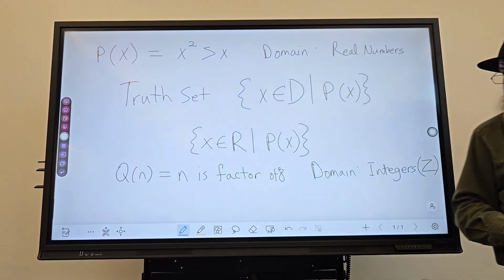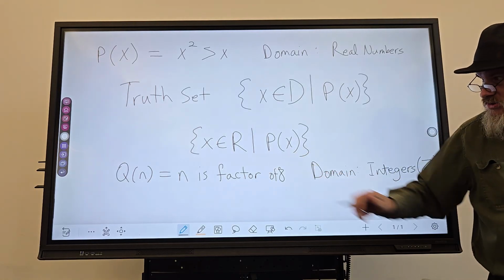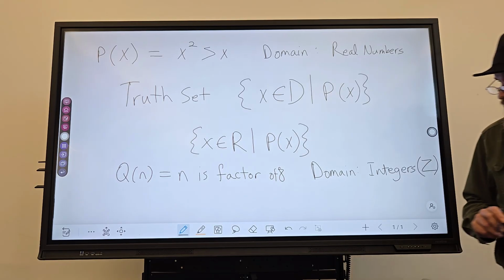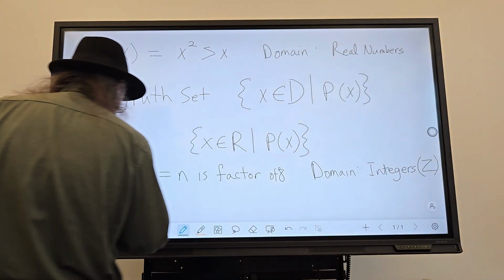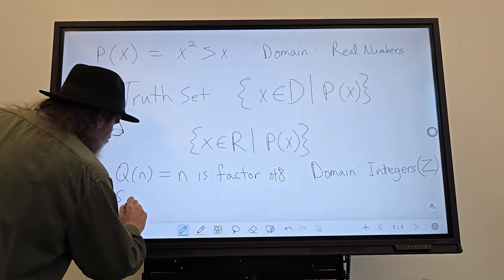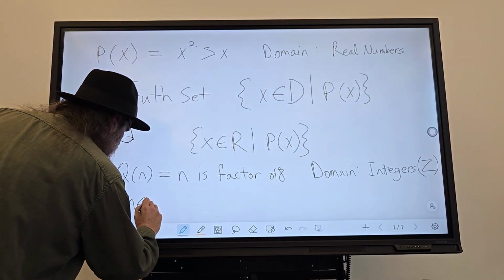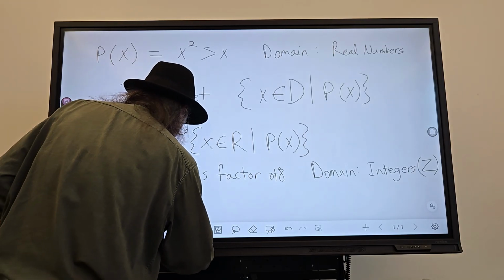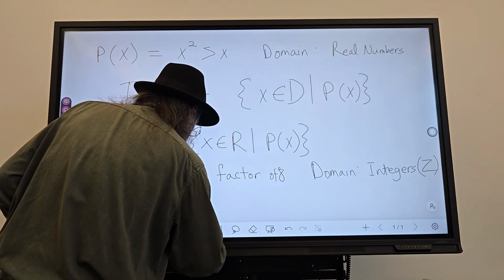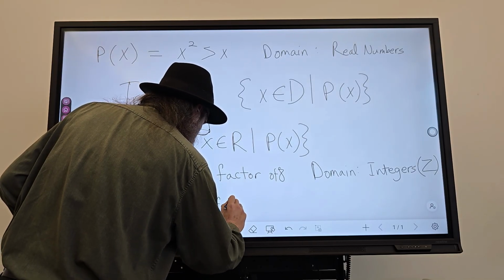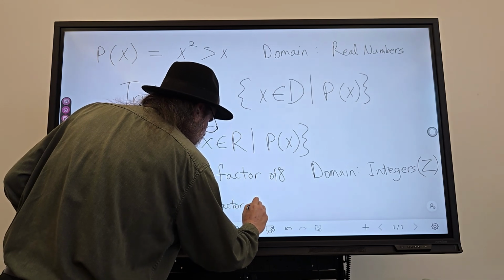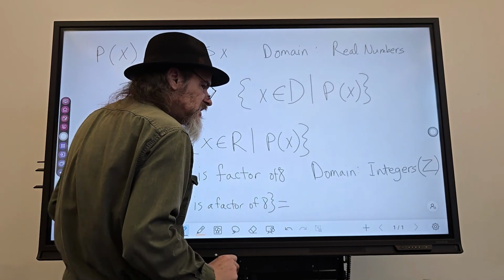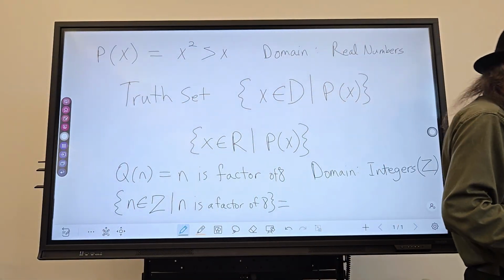What is the truth set for Q of n? If you would denote it with n element of Z such that n is a factor of 8. What is the truth set? 1, 2, and 4.